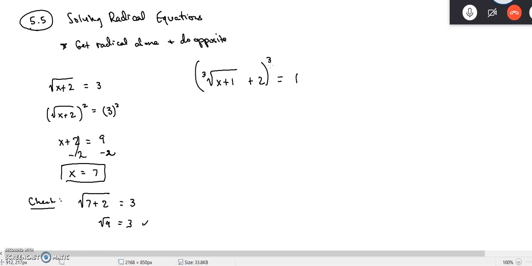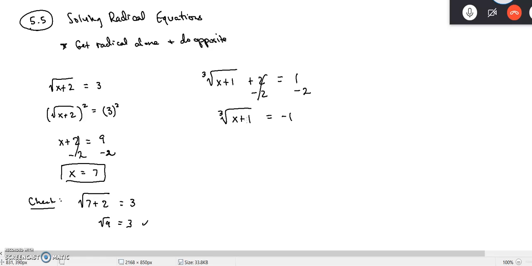You can't cube term by term, so we don't want to do it here because that's a mess. So I'm going to undo that. I need to get the radical by itself first, which means I need to move this 2 over. So I get the cube root of x plus 1 is equal to -1.